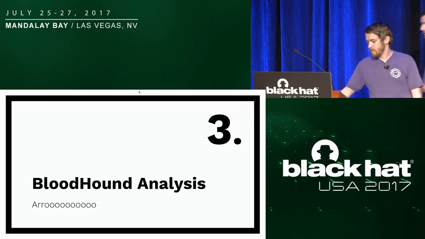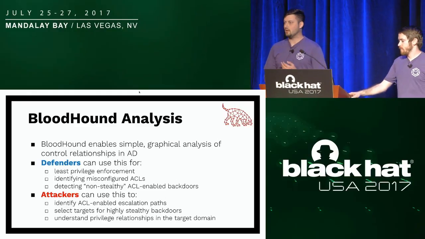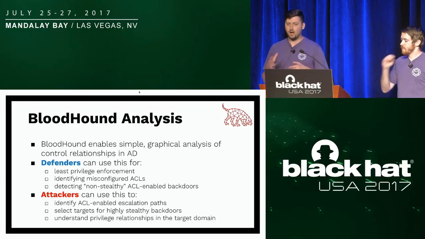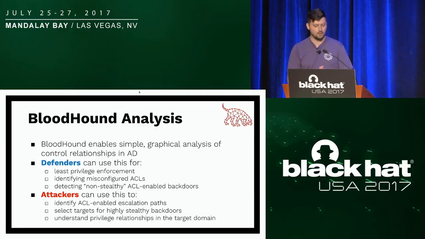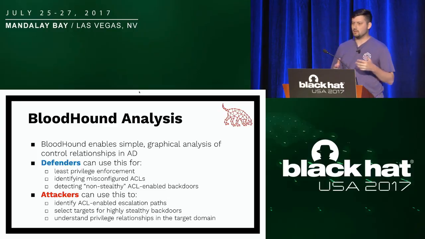Okay, so let's take a look at how we can analyze this stuff with BloodHound. Unfortunately, if you try to audit ACEs in Active Directory, you go down the path of a very frustrating experience currently. We think that we've done a pretty good job with implementing these ACE edges into BloodHound. One thing to note is we're only implementing the abusable ACEs.